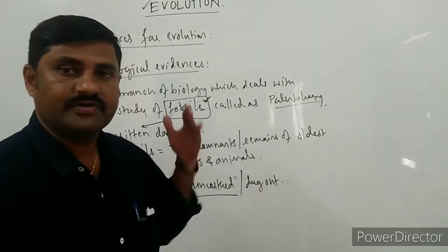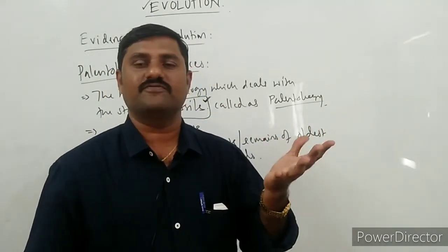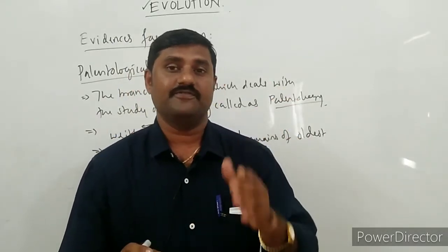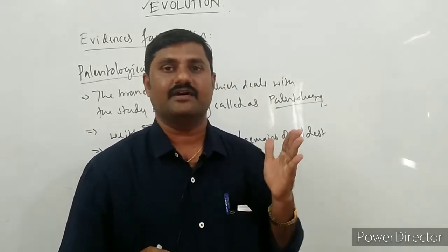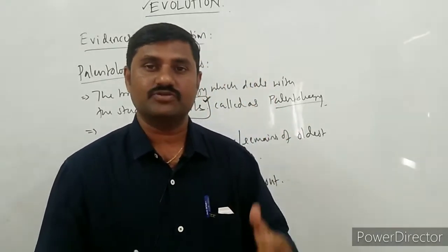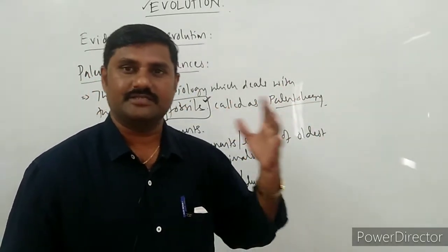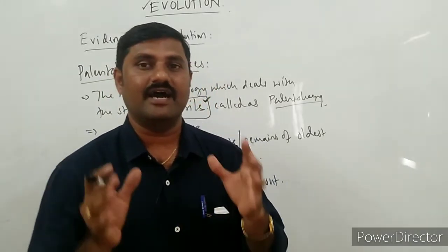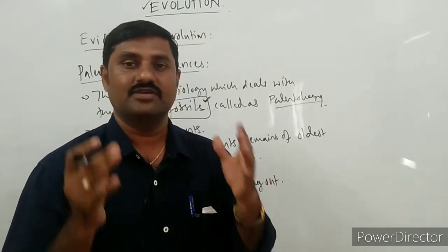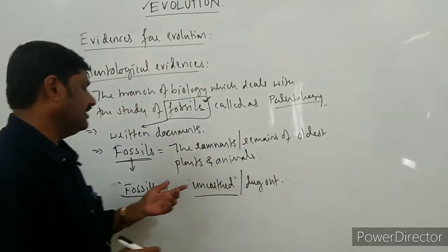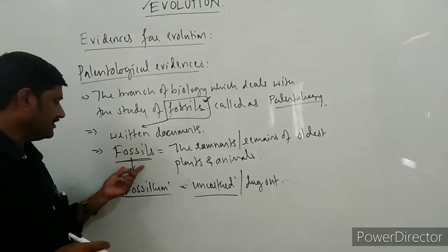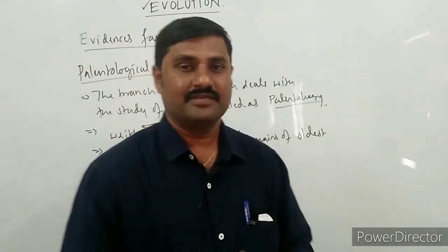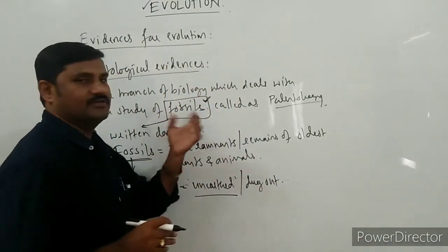So whatever animals or plants were dug out from the earth crust, in different layers of the earth crust, if we are getting any part of the body of animals which lived in the past, such animal parts or the animals or plants are the remains or remnants of those old plants as well as animals. They are nothing but fossils. Fossil is the word which came from fossilum, which means unearthed or dug out. Now I hope you came to know what these fossils are.